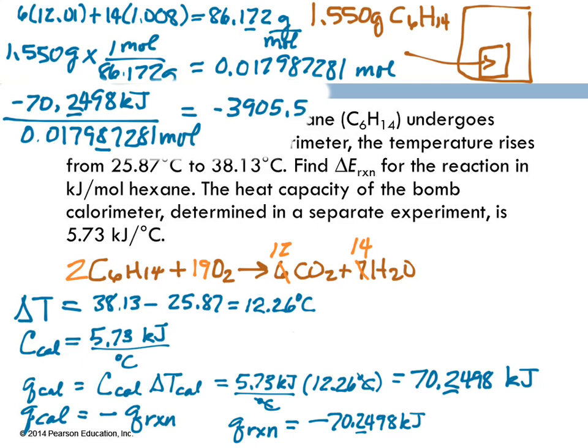So that's going to round to minus 3906. Oh, that's not what I wanted. Come on. Need a little more space. Kilojoules per mole is our answer, hiding in there.